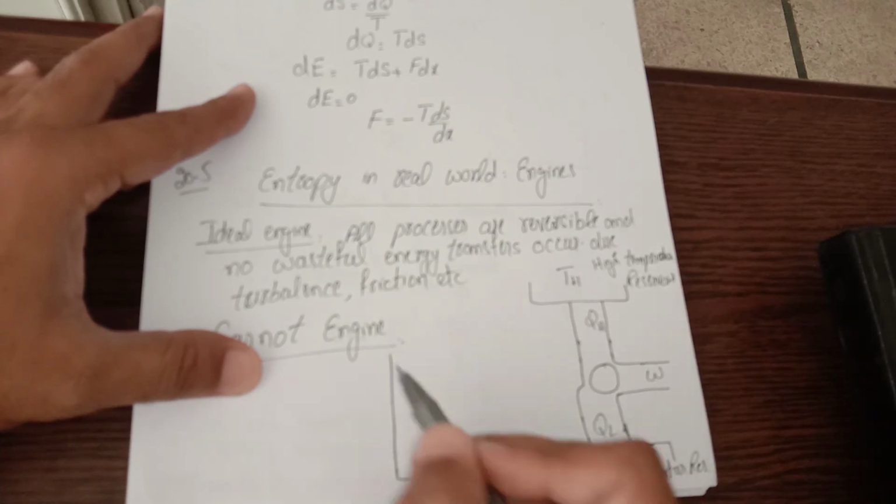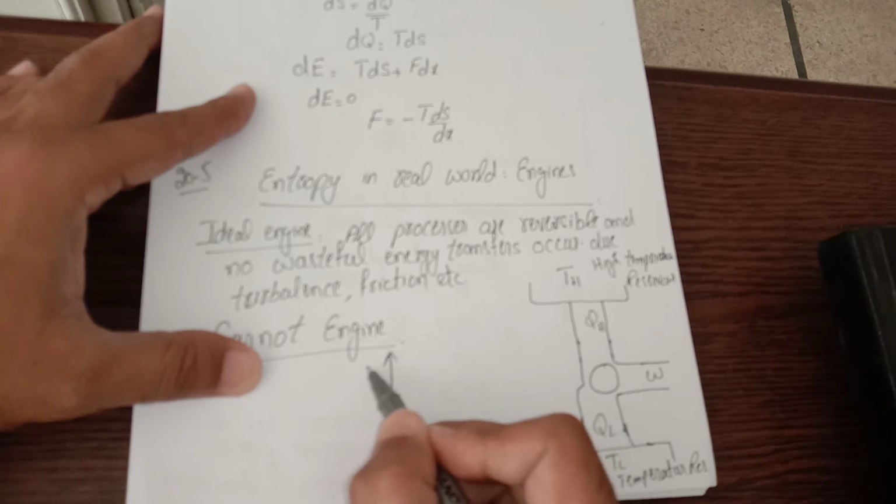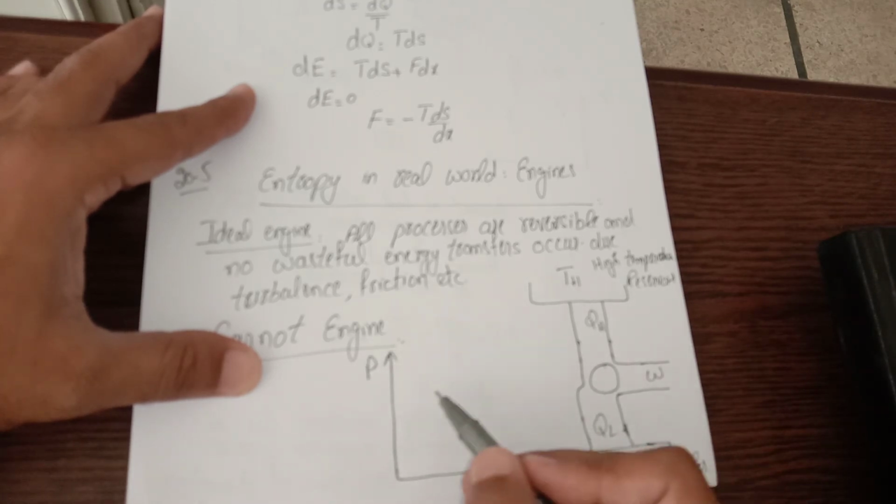Along this axis I have volume, and along this axis I have pressure.